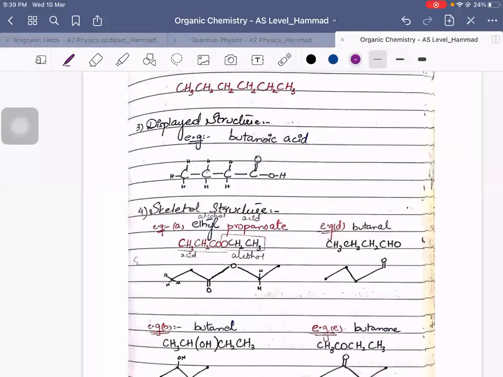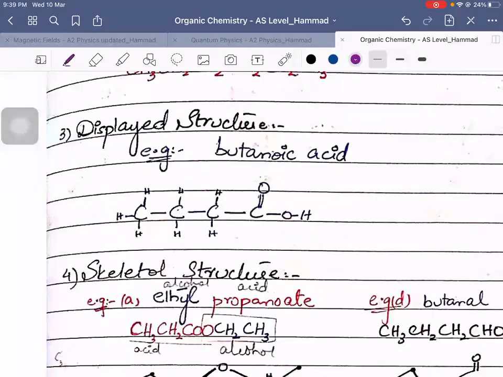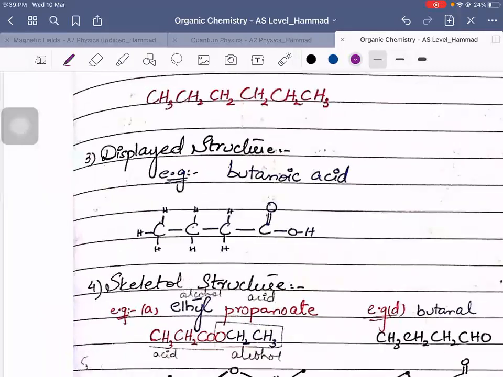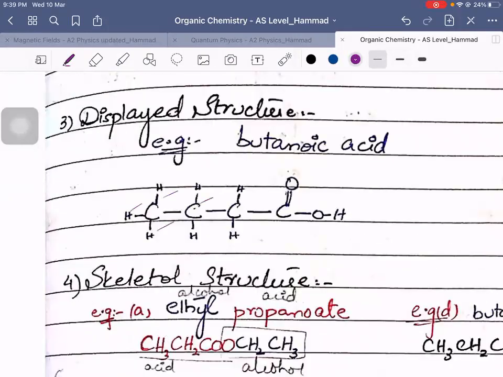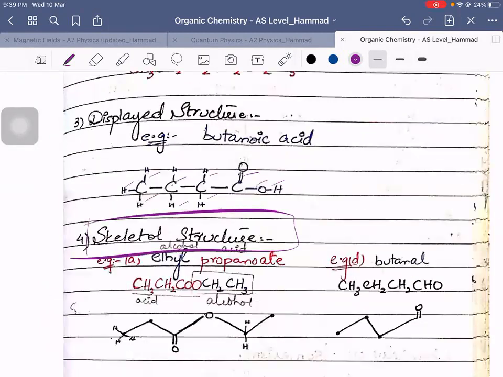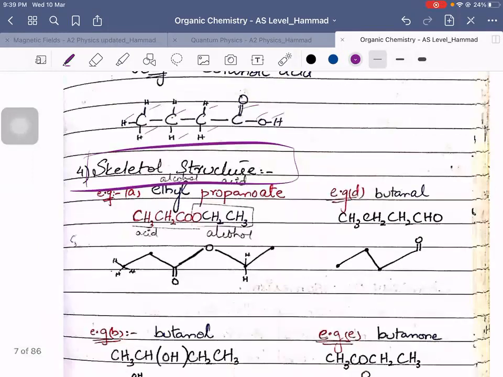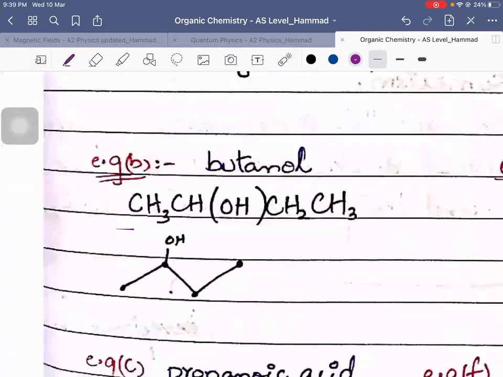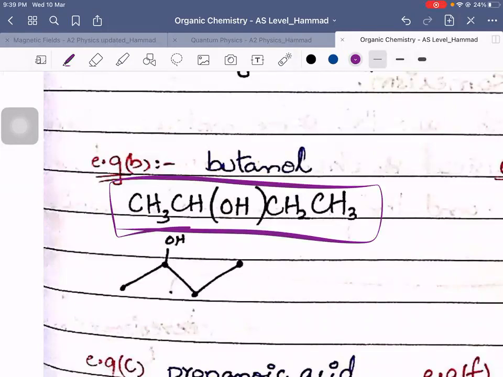Displayed formula is the type of formula that will show every individual bond involved. Skeletal formula is where students find it extremely tough to cope. Let's say, for example, I have butanol in front of me.